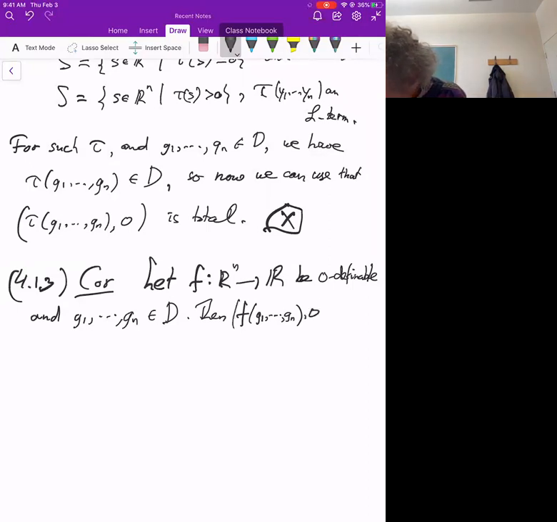If you compare it to 0, you get a total pair. In other words, f(g1, up to gn) evaluated at t is eventually greater than 0, or eventually equal to 0, or eventually less than 0. And the proof of that is now obvious. You apply the previous lemma to the zero-definable sets.